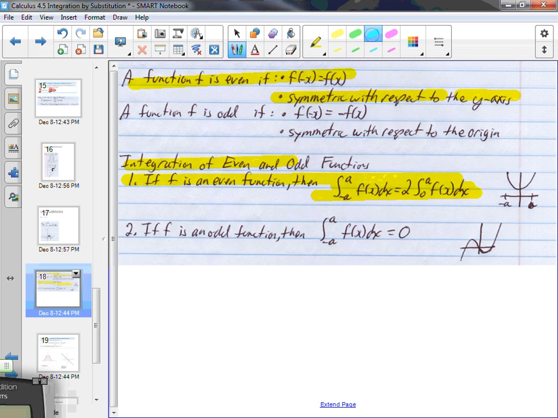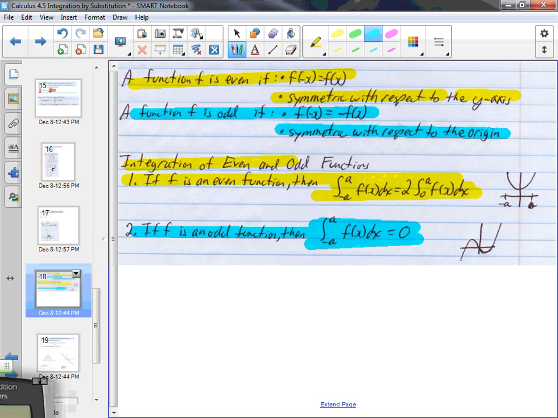An odd function is one that's symmetric to the origin. Its definition is that f of negative x is the same thing as negative f of x. And if we need to integrate that, if it's the integral of an odd function from negative a to a, you're going to get 0 because there's going to be just as much above the x-axis as there is below the x-axis, and the signed areas then are going to add together to give you 0 because those signed areas will be opposites.